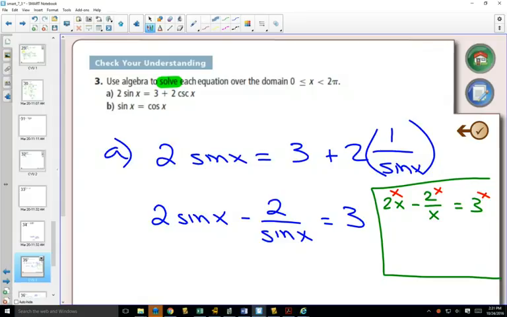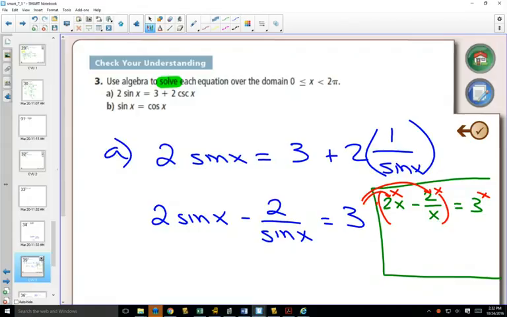Technically, because this is a binomial, when I multiply this whole side by x, that x gets distributed to this one and to that one. So that's why we multiply each term by x.